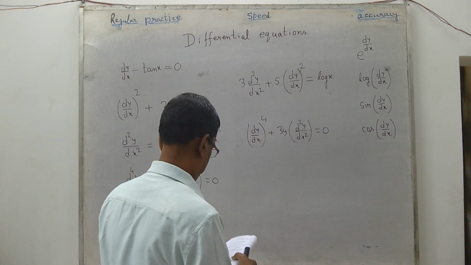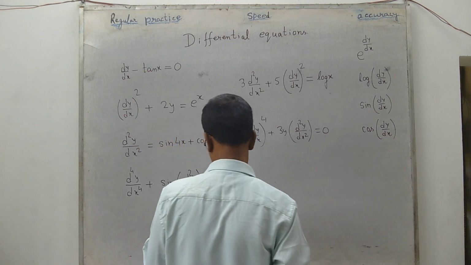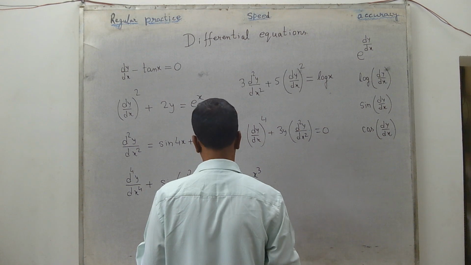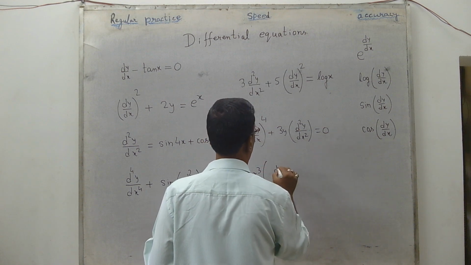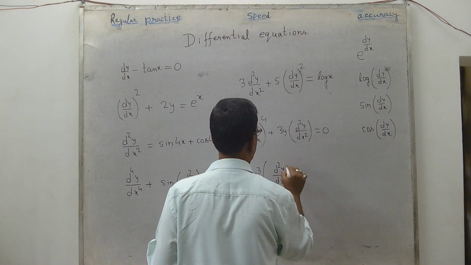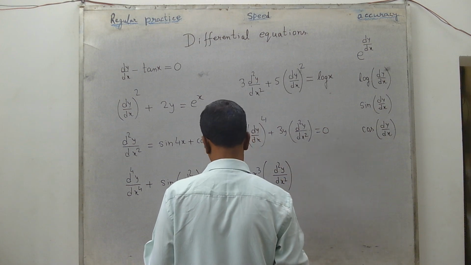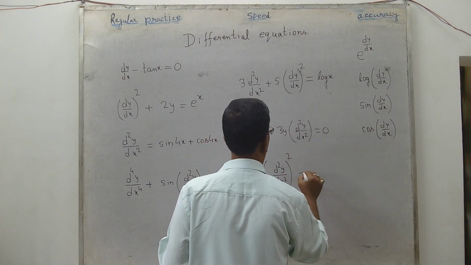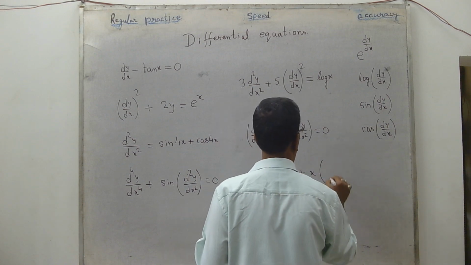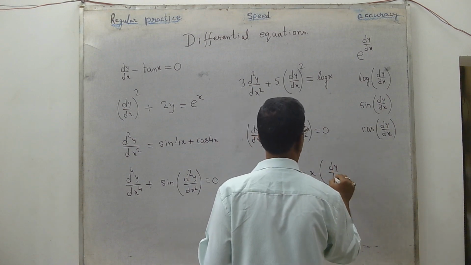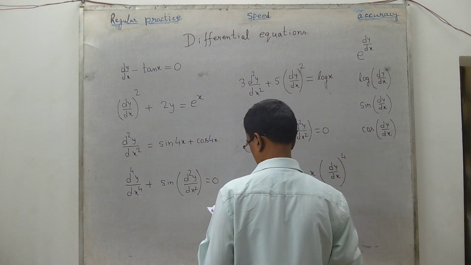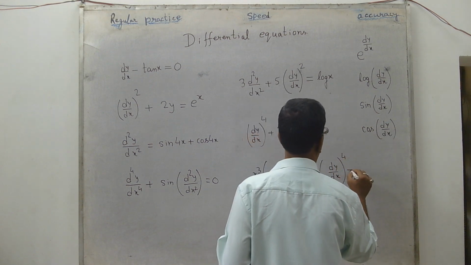Next, x cube d square y by dx square to the power 2 plus x dy by dx to the power 4 equals 0.